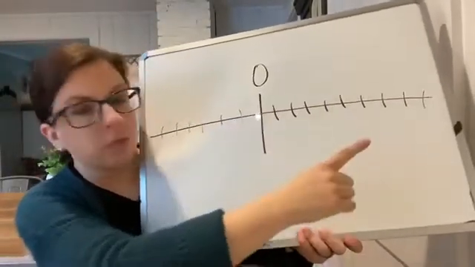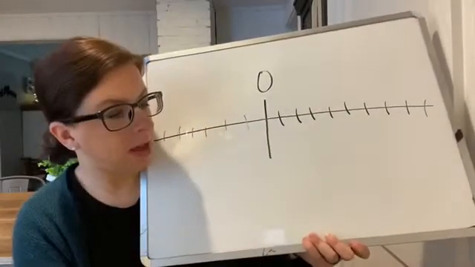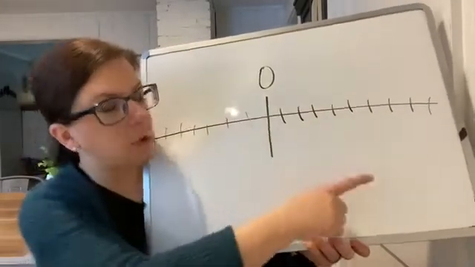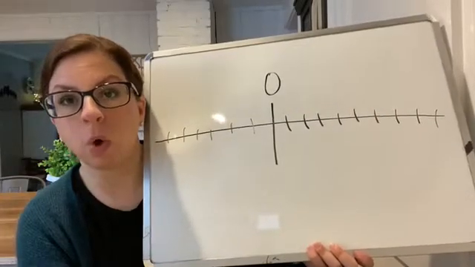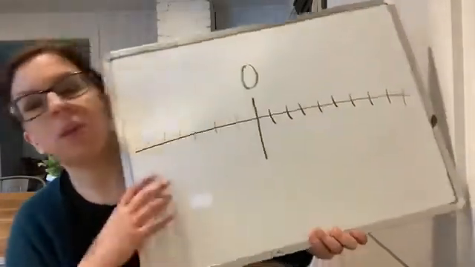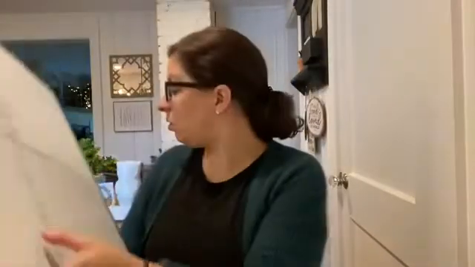Anything to the right of the 0 is going to be more than 0, so a whole number. So if you're writing a fraction or a decimal on a number line, it's going to be under 0 because it's part of a whole number. So let's look at learn.